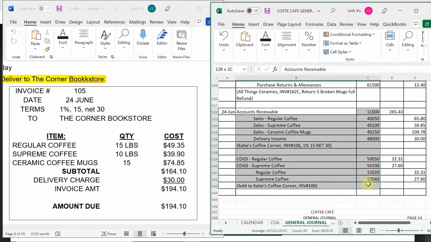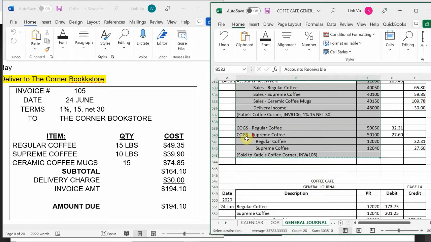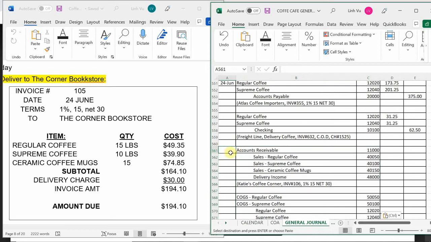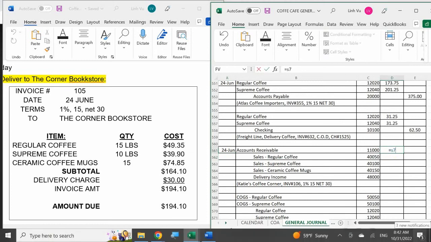The only difference is we're selling it to the corner bookstore. Today is the 24th. The corner store.